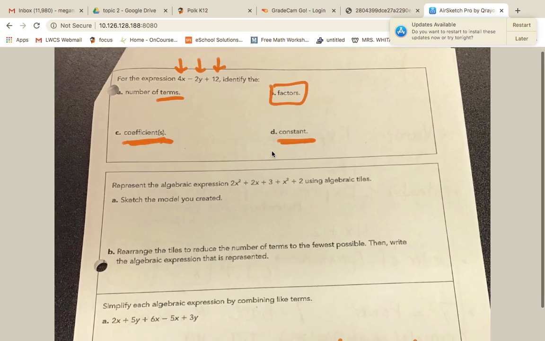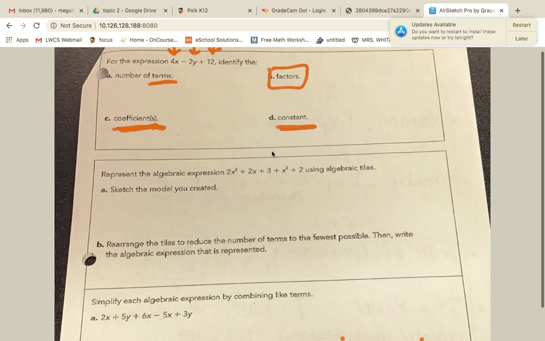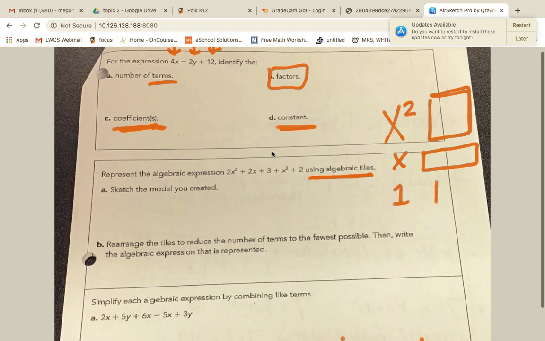Represent the algebraic expression using algebraic tiles is what we practiced today in class. Remember, if it's x to the second power, those are represented with big boxes. If it's just x, it's more like a long rectangular box. And if it's just a number, like 1, it's represented with a small box.